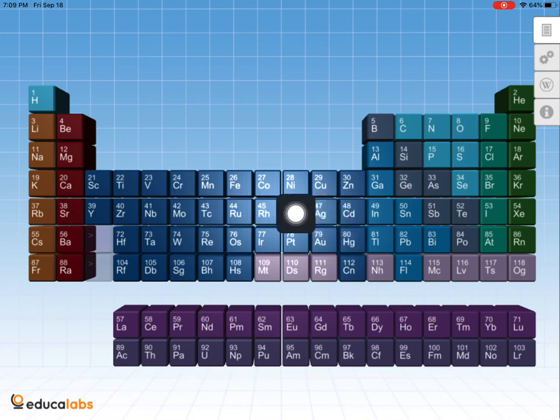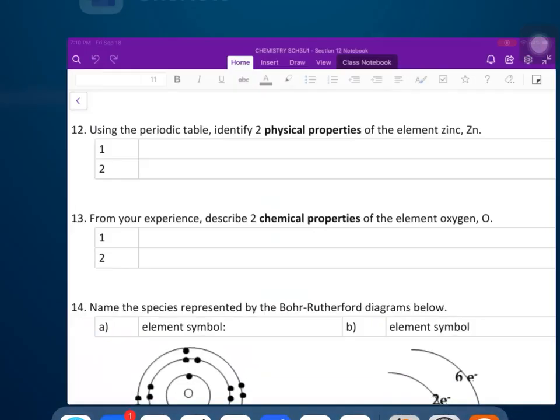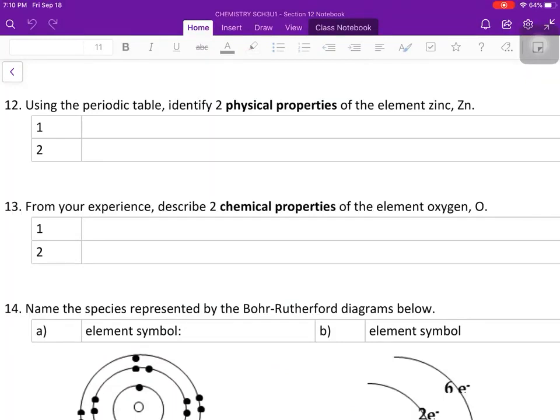So copper and nickel and iron are all in here. So if we think about metals, typically we think about things that are hard, that are shiny, that are dense, that perhaps are magnetic or conduct electricity. So those are all different physical properties.